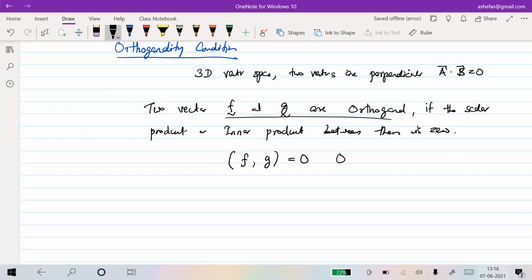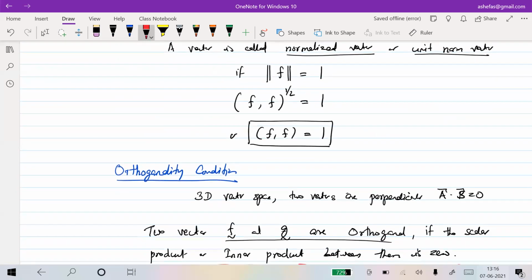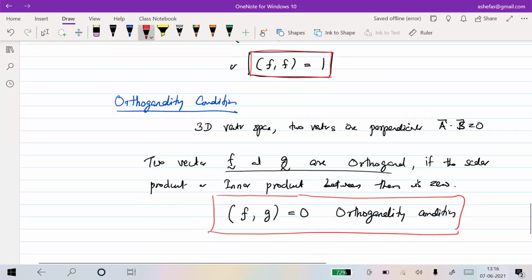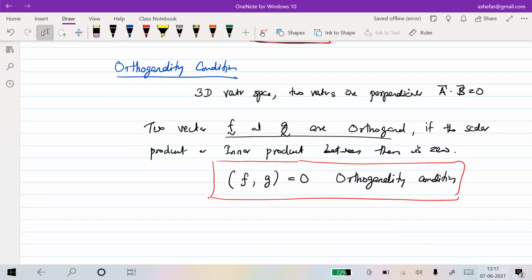This is called the orthogonality condition. We have introduced two more definitions based on the inner product. A vector is called normalized if its inner product with itself is one, unity, or it is also called a unit norm vector. And two vectors are called orthogonal if the inner product or scalar product between them is 0.